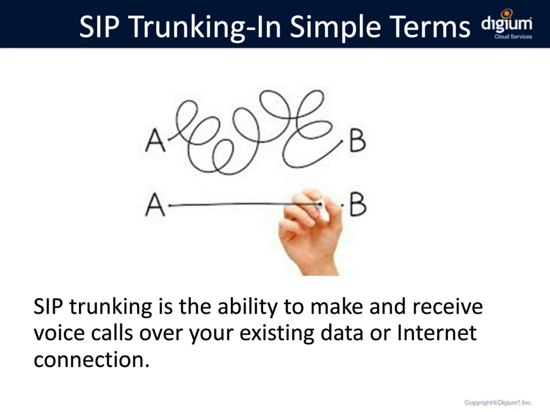Now you can use your existing data connection with your existing internet connection that you pay for with whatever particular provider that you use today. You can use that existing connection and then purchase SIP services through a SIP provider, and you no longer have to have a dedicated physical circuit anymore, and you can save a significant amount of money over your existing PRI connection.